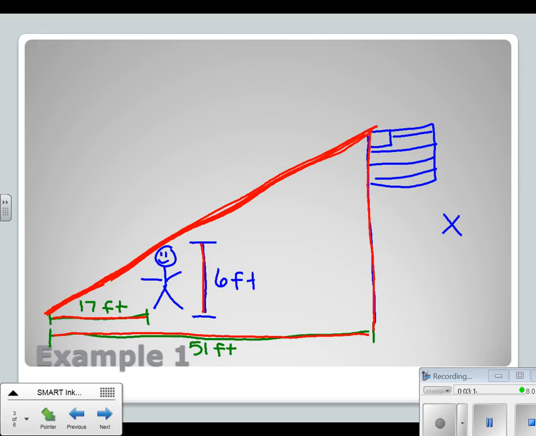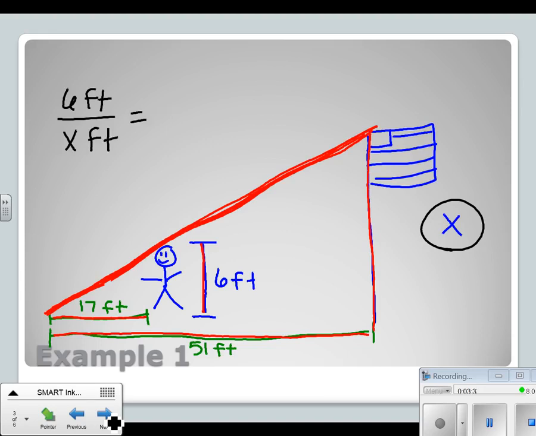These triangles we're seeing here are similar. And because they're similar, we can find the height of the flag by setting up a proportion. The height of the person, 6 feet, is to the height of the flag, x feet.